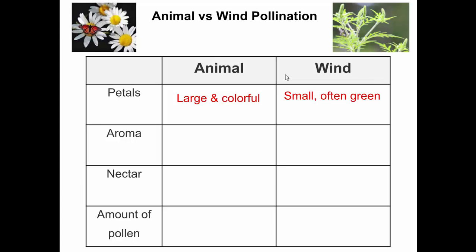The aroma in animal pollinated flowers, it's specific to them. Yes, and they do have a scent, whereas wind pollinated flowers typically would not. Nectar, animal pollinated? Yes. Wind? No.